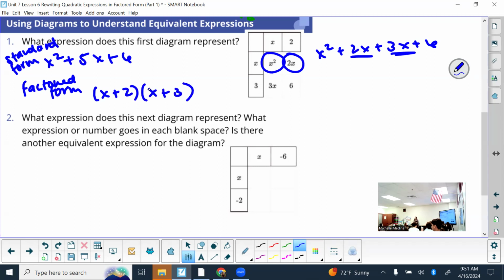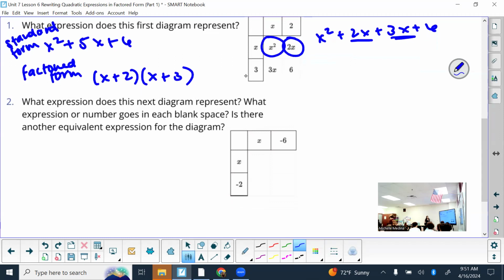But yes, so this was our original problem that we would have either FOIL, double distributed, put in the box diagram, and then multiplied out. So now we should be able to fill this in because we've done it before. I'm gonna ask you for these blanks, but any questions on that?